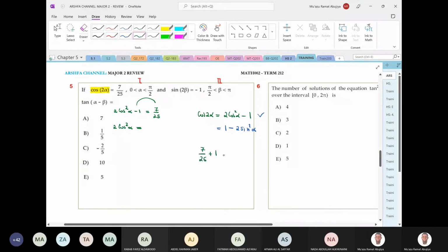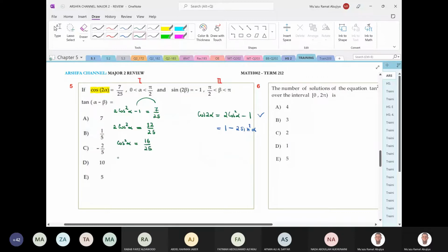So that is going to be equal to, when we add 1 to that one, 25 plus 7, and that will give us 32 divided by 25. So we write it as 32 over 25. Now divide both sides by 2. If we divide both sides by 2, what do we get? We get cosine squared of alpha to be equal to 16 over 25.